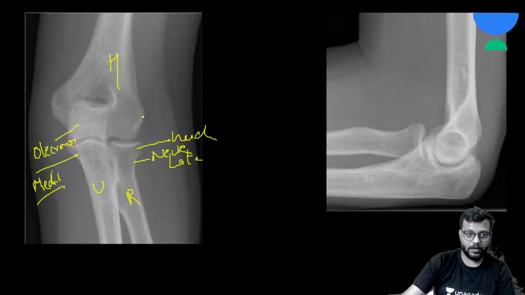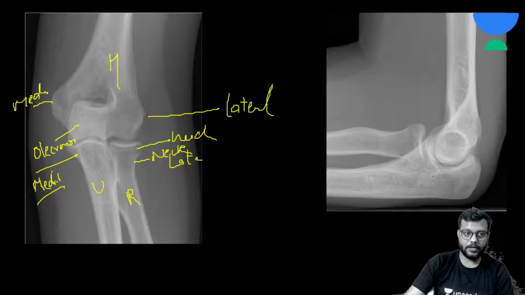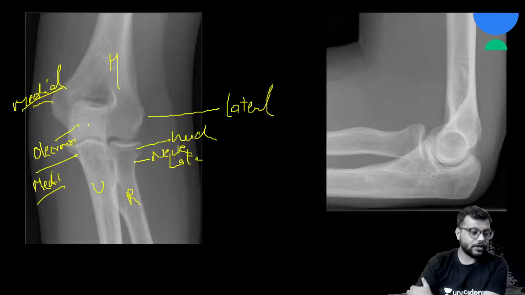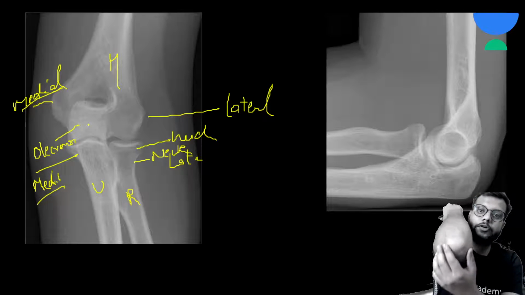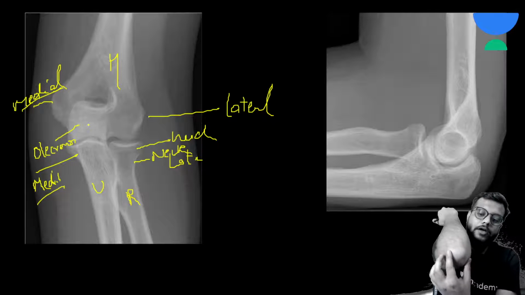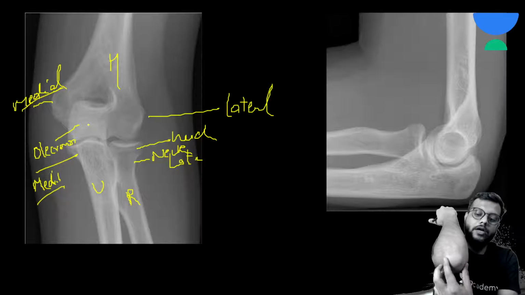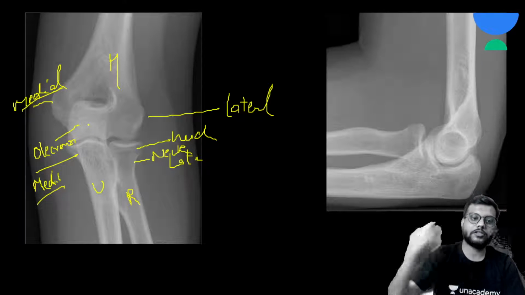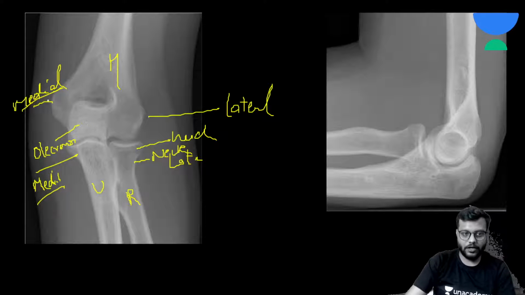Okay, this is the lateral epicondyle, this is the medial epicondyle. Okay, and you know there is a bony point relationship here. Two epicondyles and this olecranon tip. If in a flexed elbow you join these, it will make an isosceles triangle.